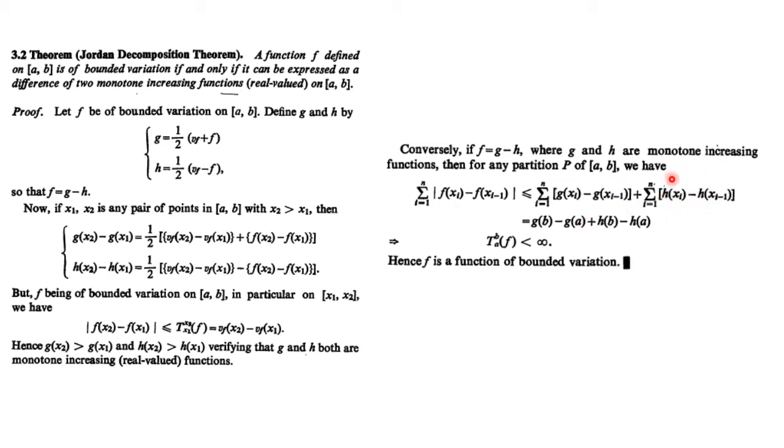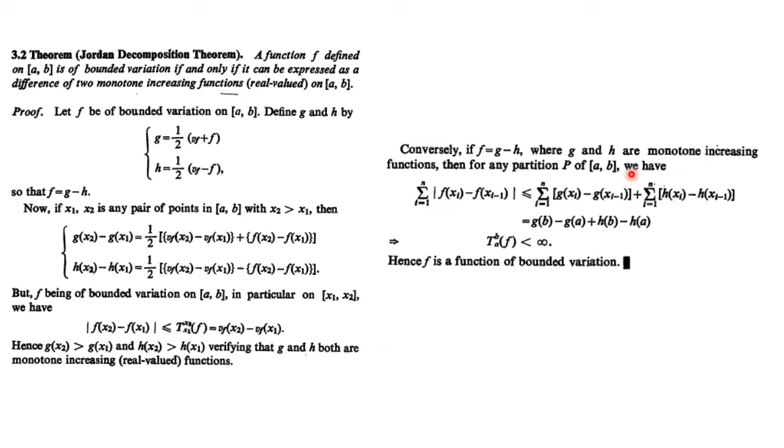Similarly for the h function. So what we get is variation is less than or equal to g(b) minus g(a) plus h(b) minus h(a). All these values are finite values, right? Our function should be defined on the closed interval AB, so these values should be finite ones, right? All these values are finite, so we get variation is finite.